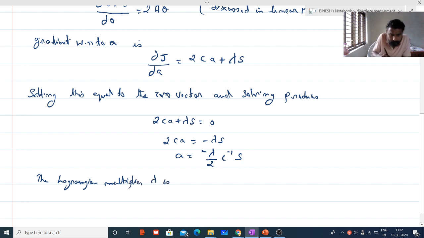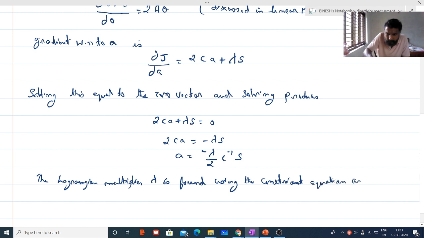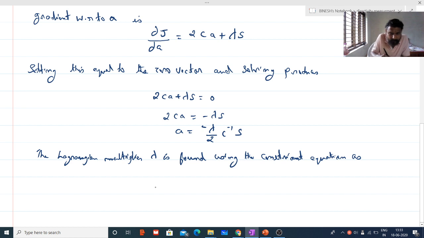A transpose into S becomes equal to minus lambda by 2 into A transpose C inverse S, which is equal to 1.